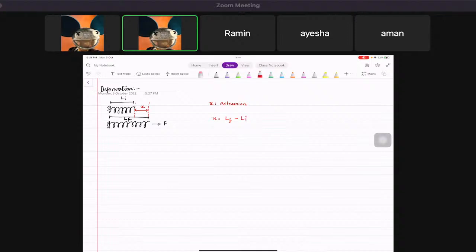Now, generally this extension can be negative or positive depending on what's really happening.